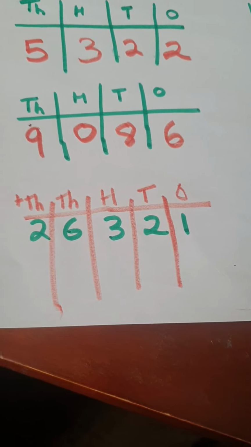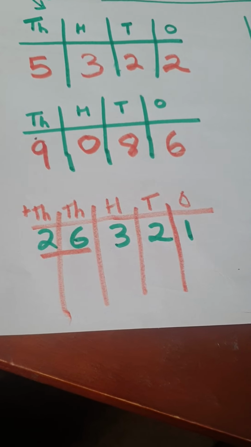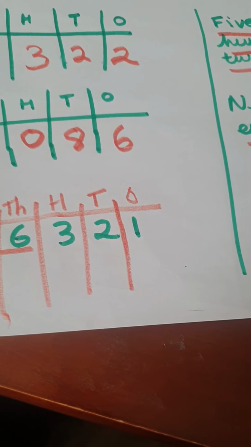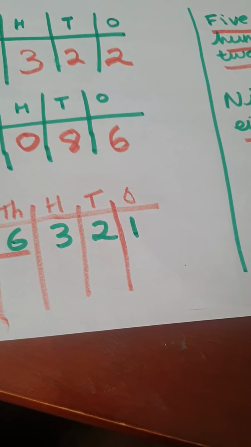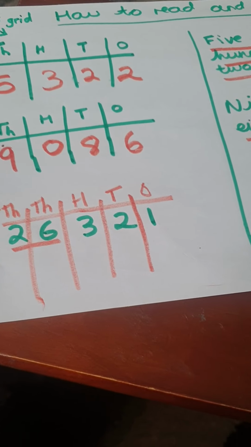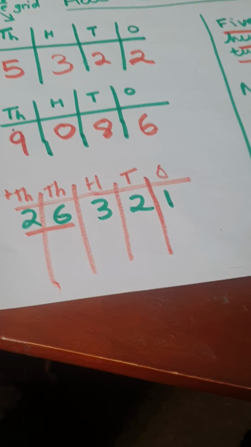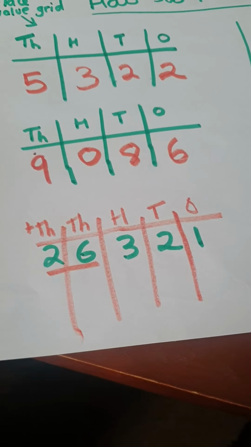How many thousands do I have? I have 26,000. How many hundreds do I have? 3. How many tens do I have? 2. How many ones do I have? 1. So how would I put this in words?